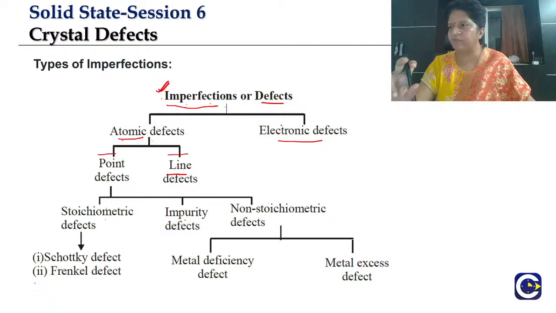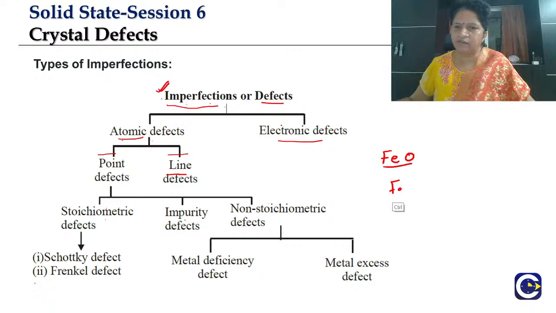When do we call it a non-stoichiometric defect? When there is a defect and the formula is not the same. Like if I take iron oxide, what do we write? FeO. In the defective structure, we have Fe0.93O. The ratio changes. Like nickel oxide, Ni0.96O. We don't write this formula in a normal structure.